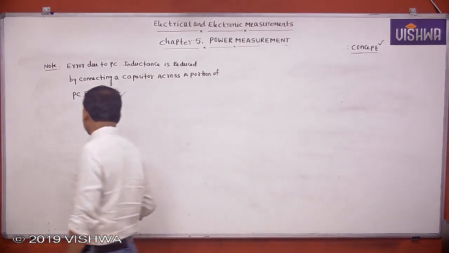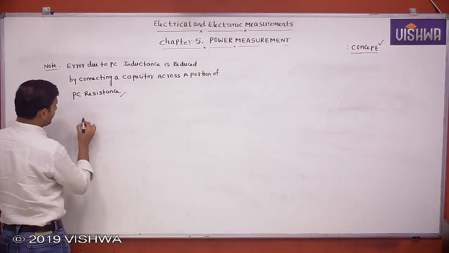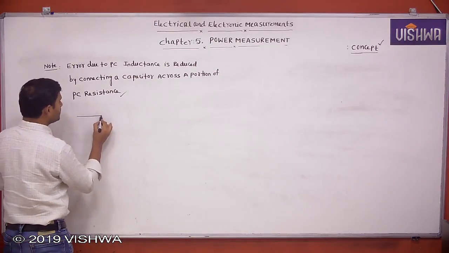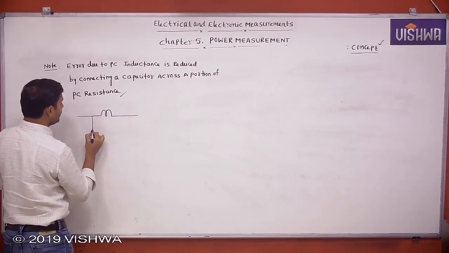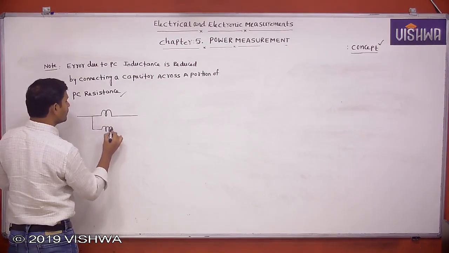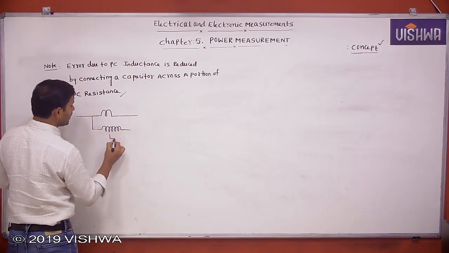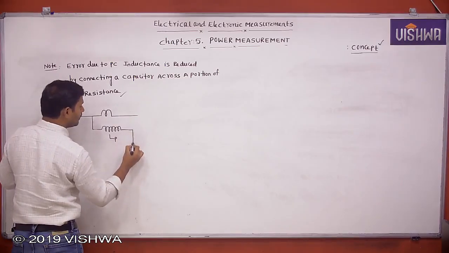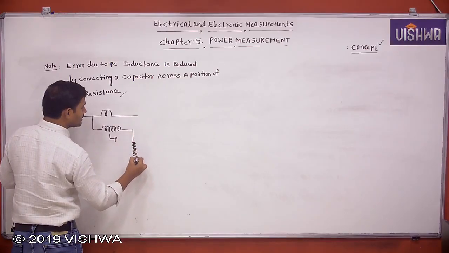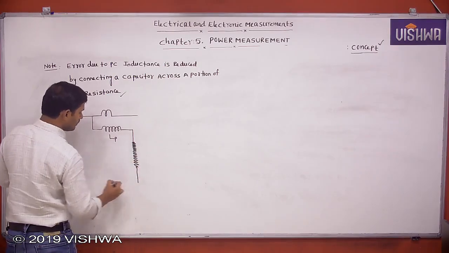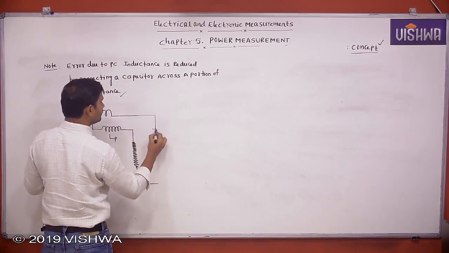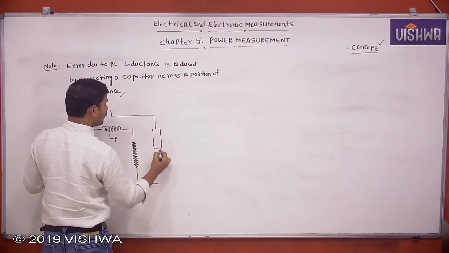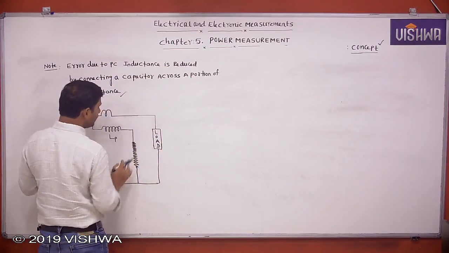How it is means, this you follow like this. Let this is current coil and this is pressure coil. LP is pressure coil inductance. This RP is pressure coil resistance. Is some load. Yes, parallelly note down, don't wait.